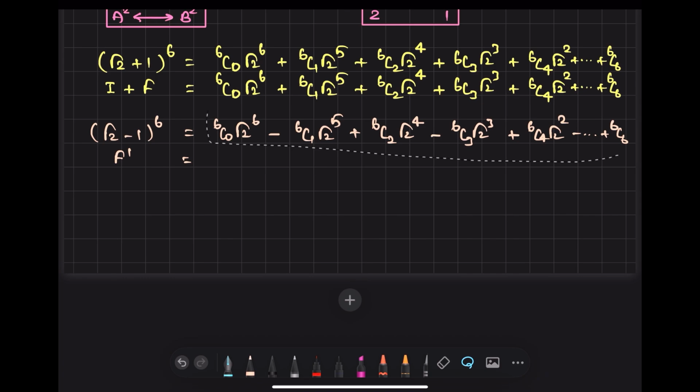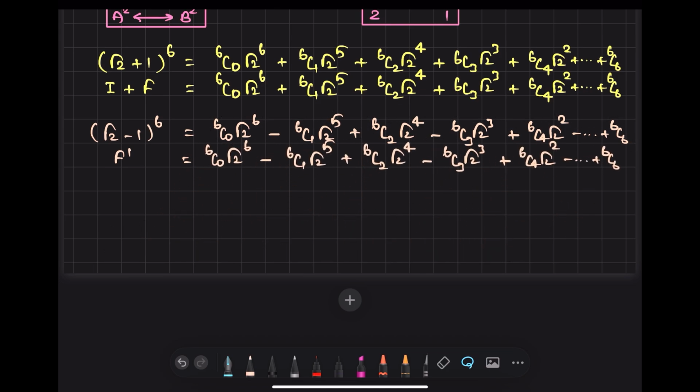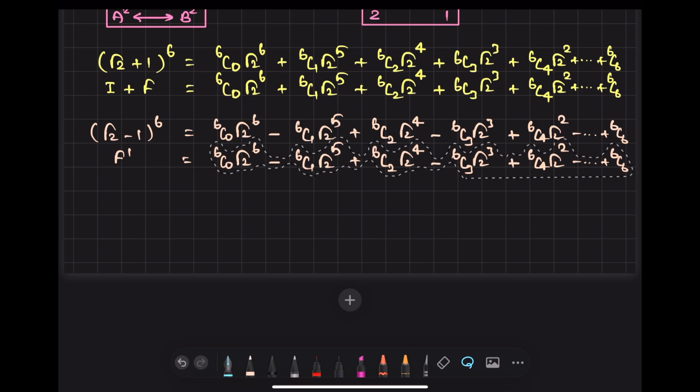Now you know that we have to eliminate the fractional part, correct? So we will add this equation with this one.